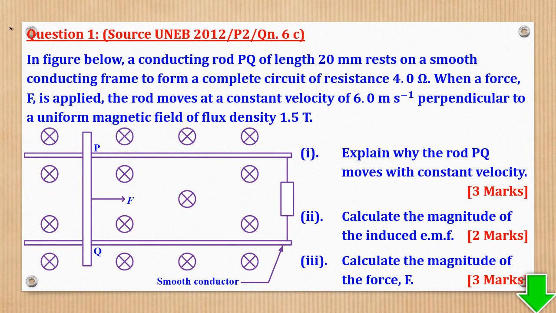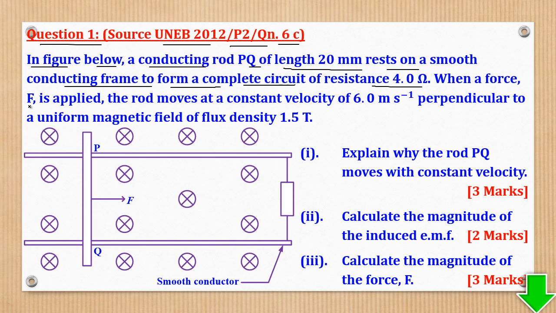So with that, we shall go through these questions. Question 1 came from UACE 2012, paper 2, question 6c, and says: in the figure below, a conducting rod P2 of length 20 millimeters rests on a smooth conducting frame to form a complete circuit of resistance 4 ohm.